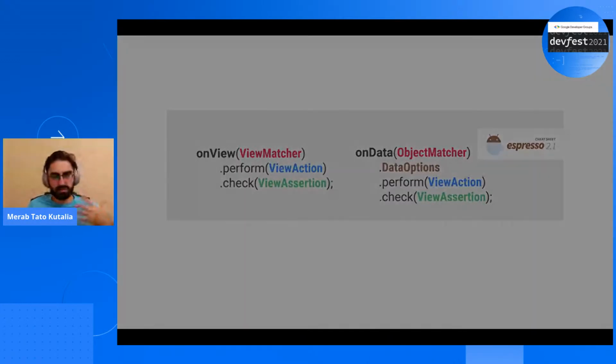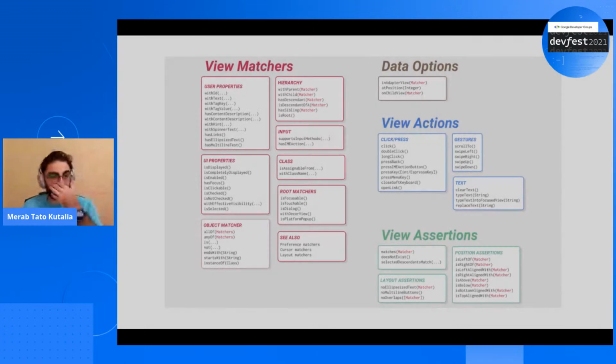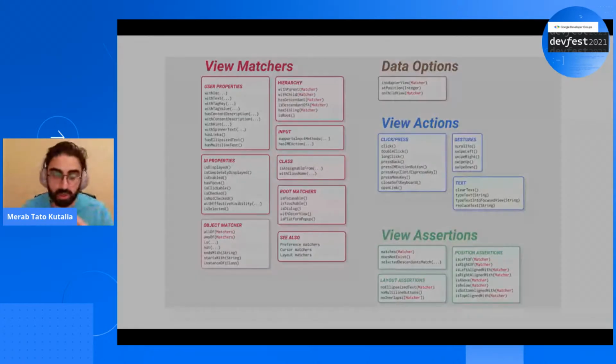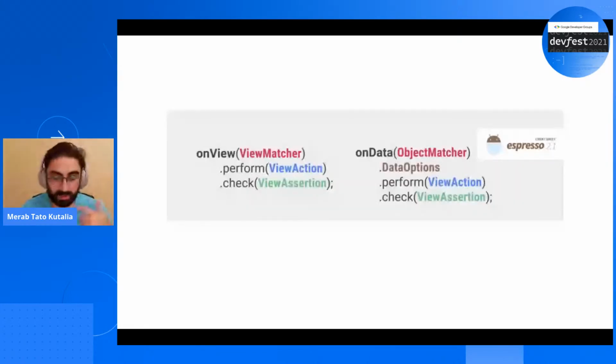Those view matchers could be with view ID, with text, with tag key, with tag value, if it has hint, with hint, and yeah, those are properties. Also we have the object matchers, some kind of UI properties, and you can change them as well. So you are not restricted to only one option.